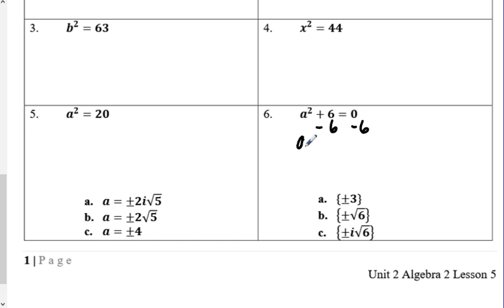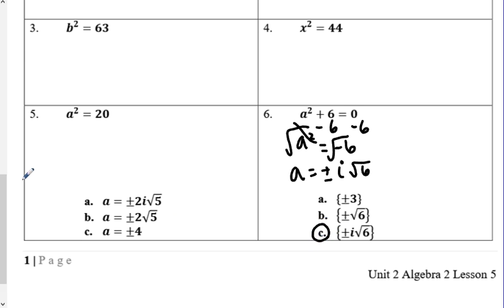So you have a squared equals negative 6, and then now I can get rid of the squared. So I would square root both sides, cross that out. So you have a equals square root of negative 6. The negative turns plus or minus, I almost forgot. Plus or minus, the negative turns into an i, and then you have just square root of 6, which is answer choice C.